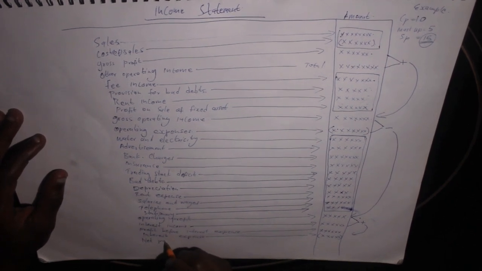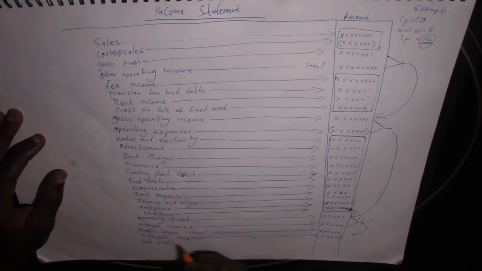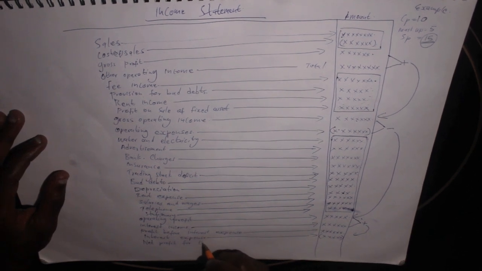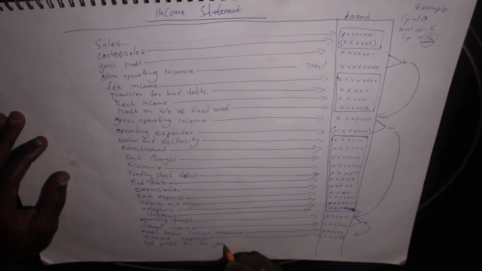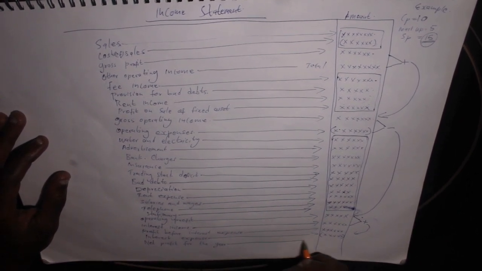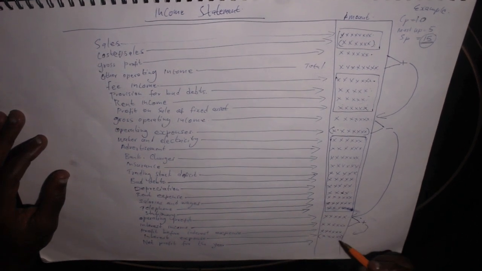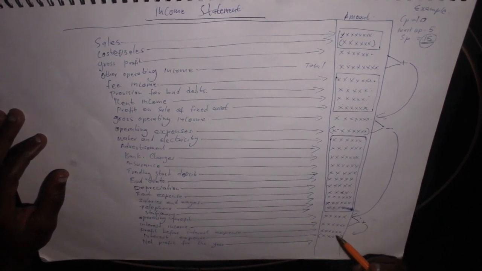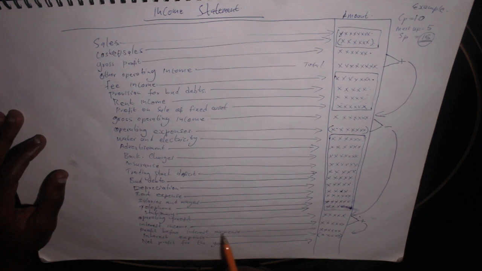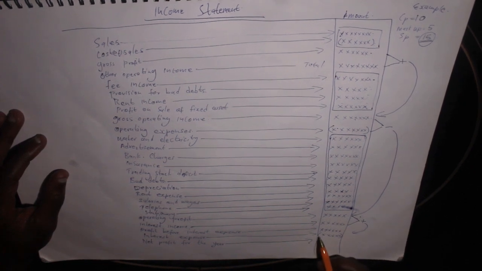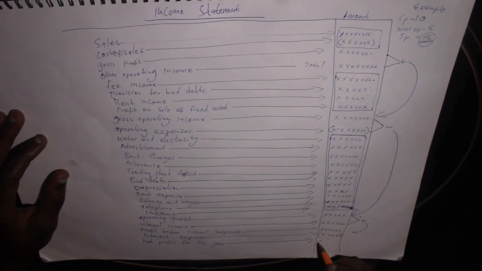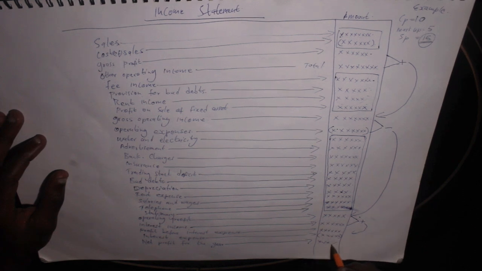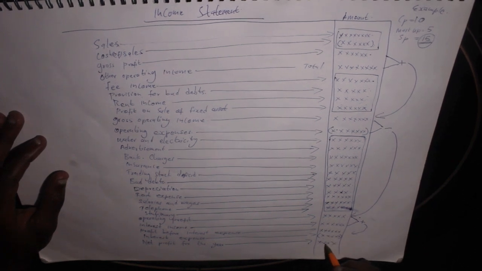Net profit for the year. Net profit for the year, we simply take the profit before interest expense, you minus your interest expense, and that will give you your net profit for the year.